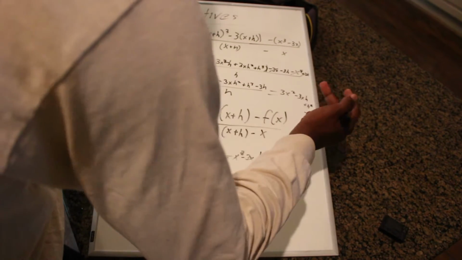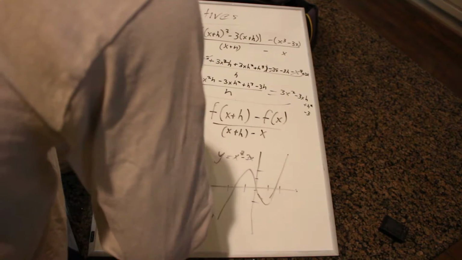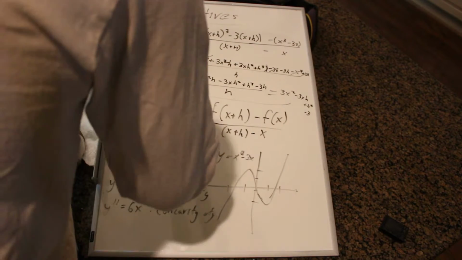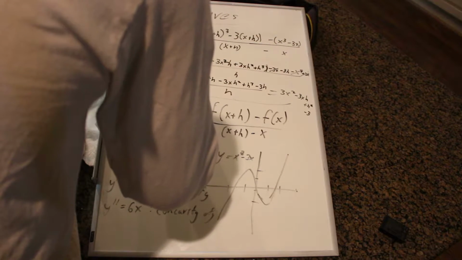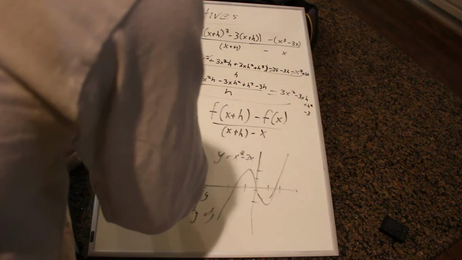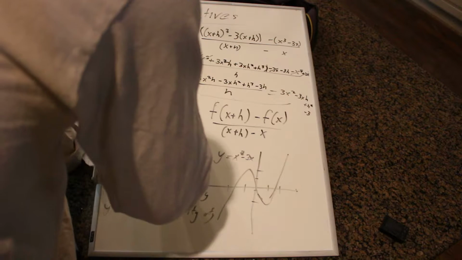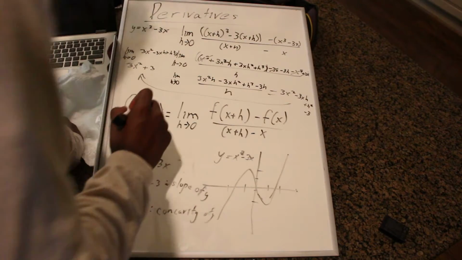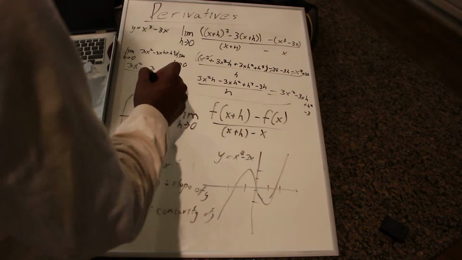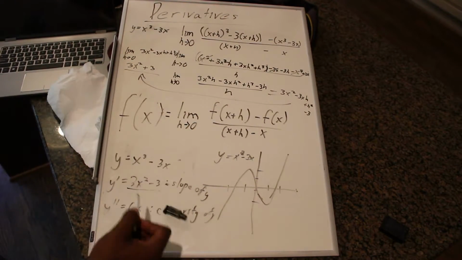And so you're left with, and when you take h to 0, you're left with the derivative down here.